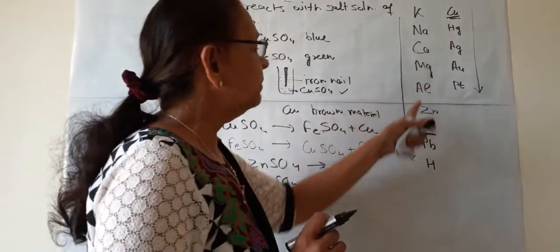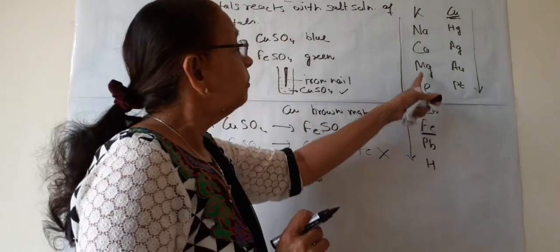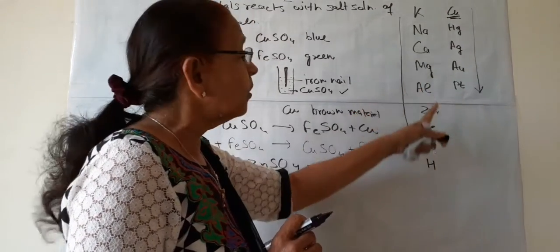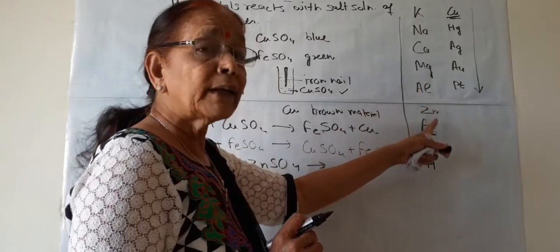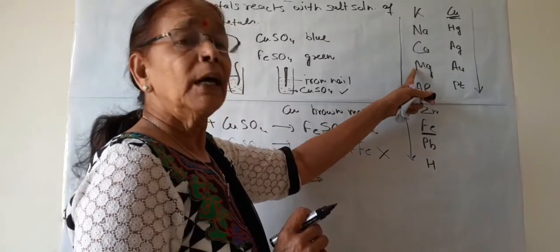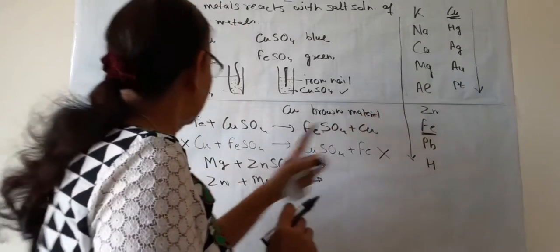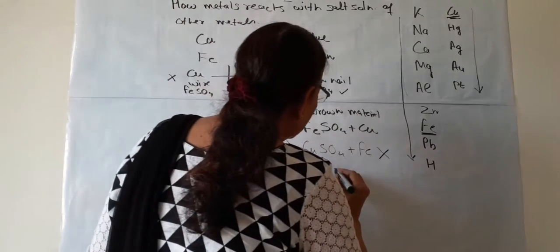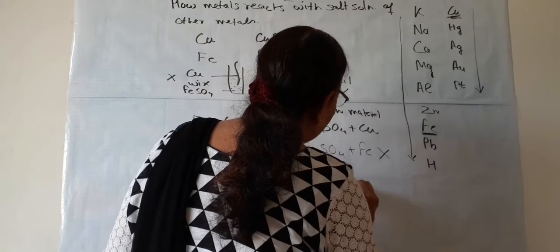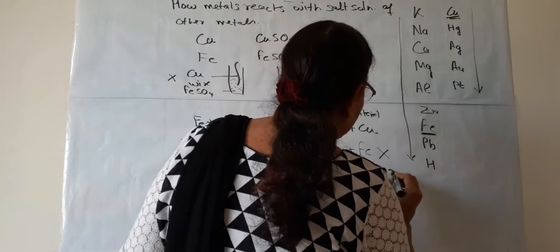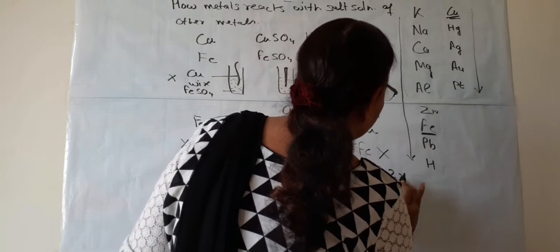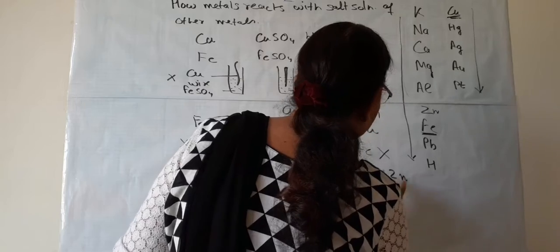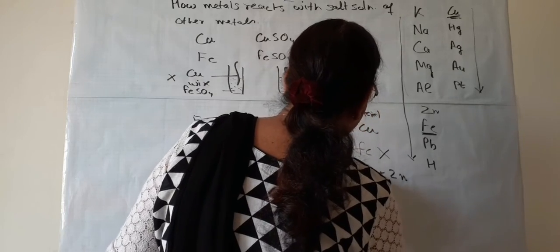Yes, magnesium can displace zinc because magnesium is stronger than zinc. It is more reactive than zinc. It is at a higher position than zinc. So magnesium can displace zinc, and magnesium sulfate will be formed and zinc will be displaced from the solution.